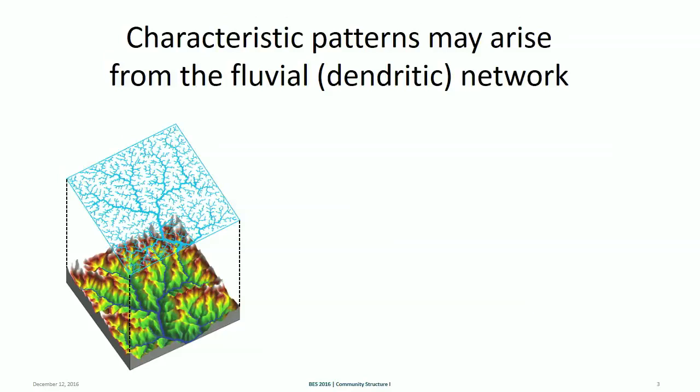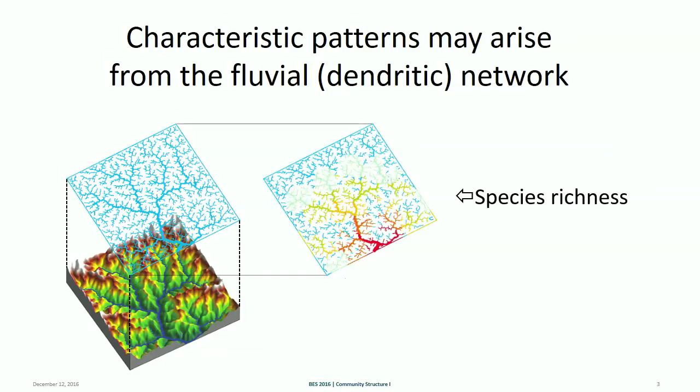That is a very common and universal attribute to aquatic or river ecosystems. And it's not just looking very nicely, this tree structure also has influence on, for example, species richness. So we expect just by the difference in connectivity to have certain richness patterns emerging.